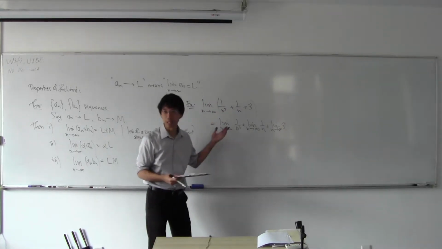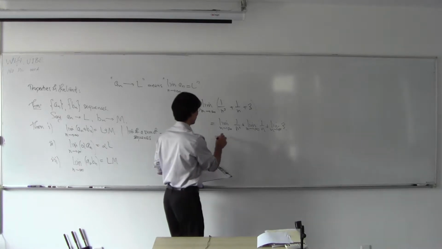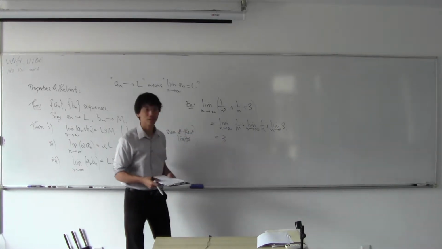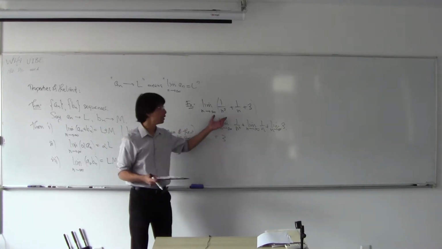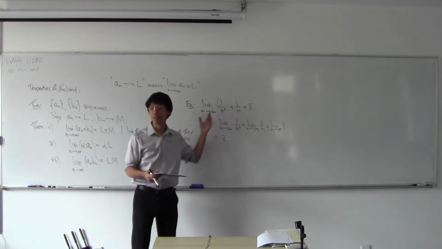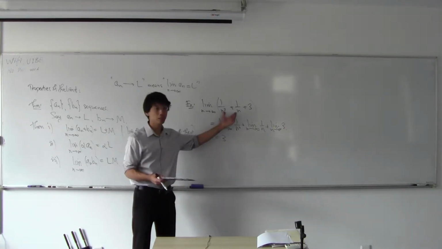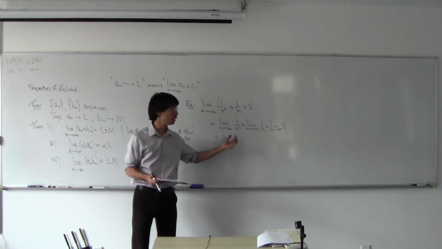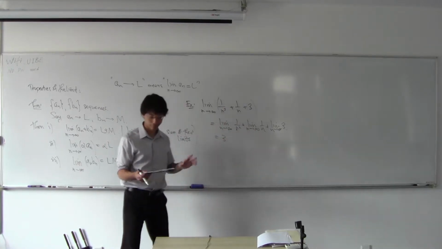So it's just going to be 3. The point is that you can use this theorem to break the thing up into pieces, and then just look at each of the pieces.